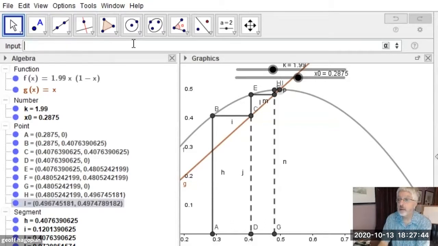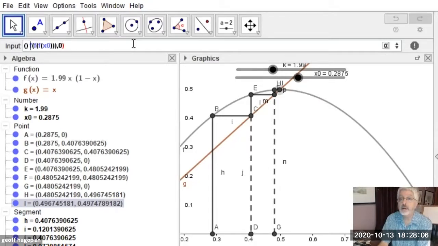And you get to that point there, which I think is what I want. This is my x value, and that is my y value.